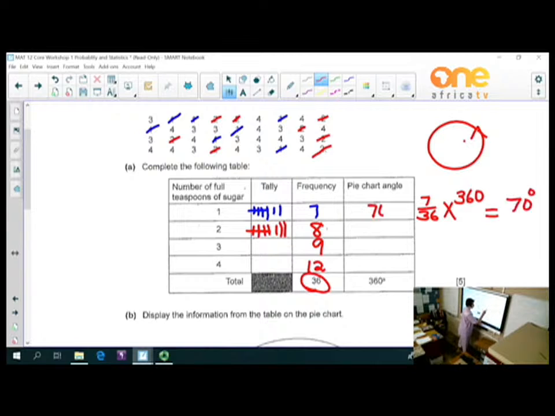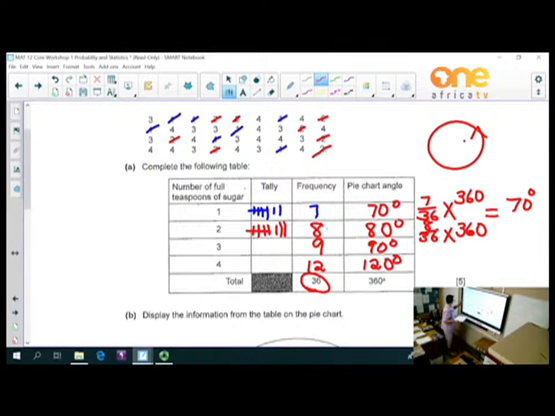So this one is 70 degrees. This one is going to be 8 out of 36 of 360 degrees, and that is 80 degrees. This is now my degrees of my pie chart. 9 out of 36 is 90 degrees, and 12 out of 36 is 120 degrees. So again, the degrees will add up to 360 degrees.